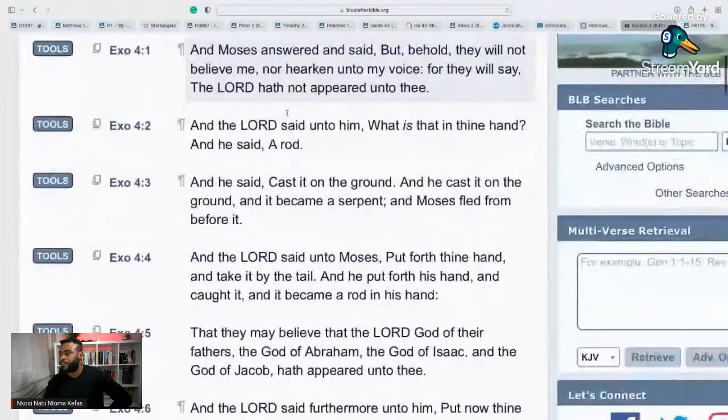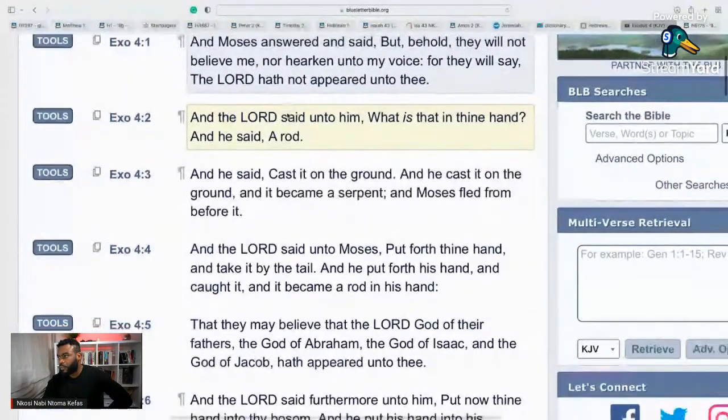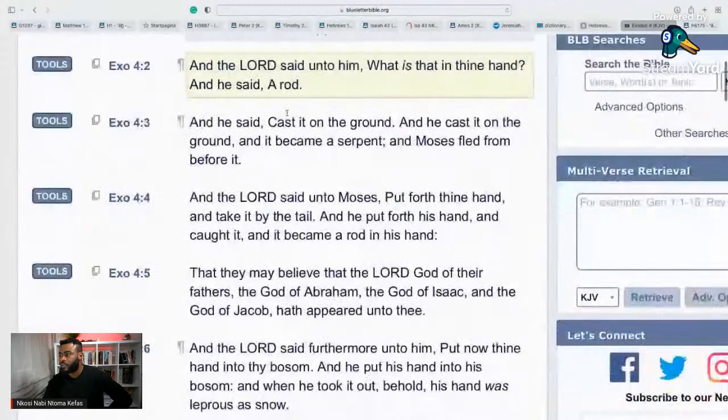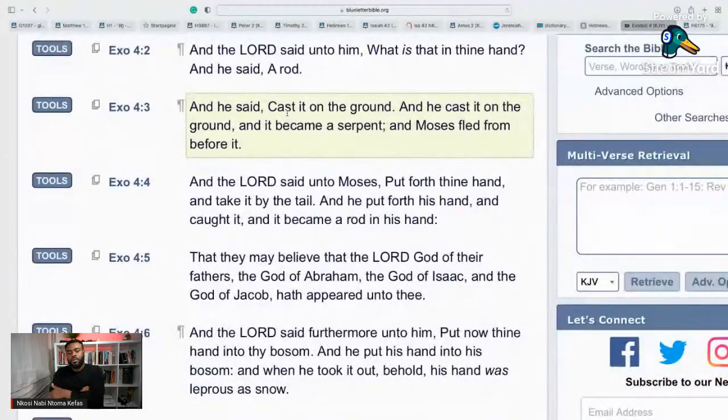He said, put your hand in your garment, yes, and remove it. And his hand was white as snow, right? Leprosy, white as snow. And when he did it again, it came back melanin as it was before.